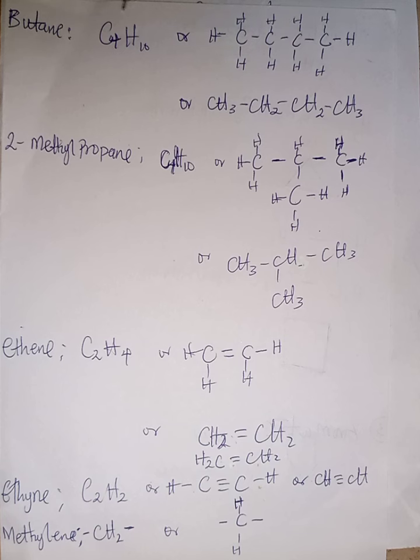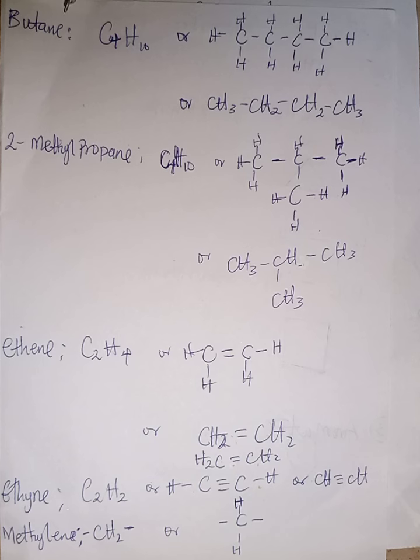Now listen to this. If an alkane loses just 1 hydrogen atom, we'll call that alkane an alkyl. That's what we'll now be calling it, alkyl. For example, if you remove 1 hydrogen atom from this place, this one becomes butyl. There's a class of organic compounds that is called alkyls.